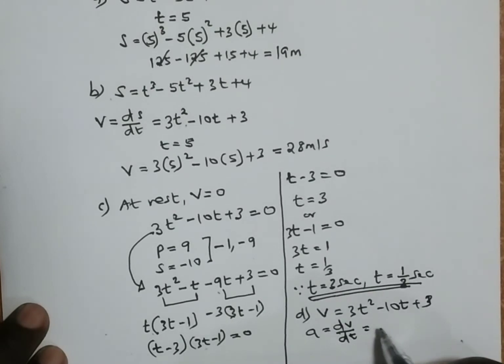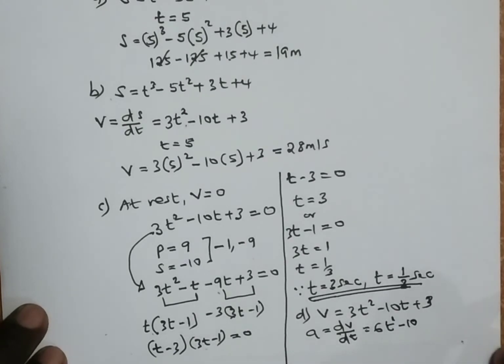And this is going to give us, you differentiate 3t squared, 2 comes down so that we have 6t. Then you reduce 1 from the power. We are going to have 6t raised to power 1, which is the same as 6t. Then you differentiate minus 10t, you are going to get minus 10.